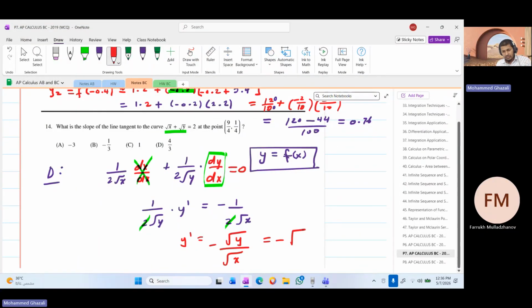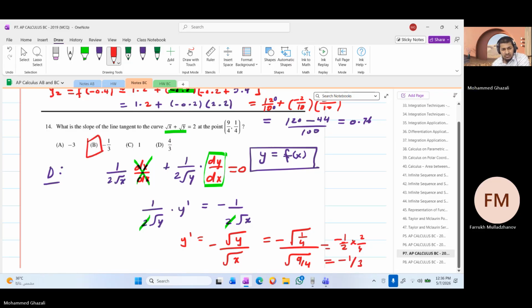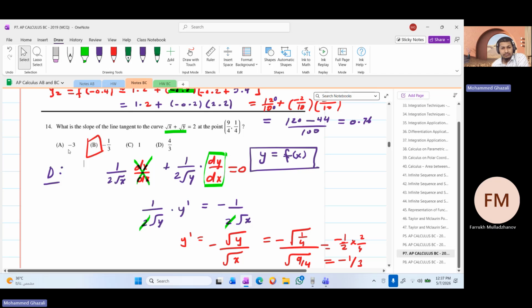So root y over root x is: root of a quarter is half, root of 9 over 4 is 3 over 2. So multiply by 2/3. The 2's cancel out. Negative 1 over 3, negative 1/3. So B. Right? Nice.